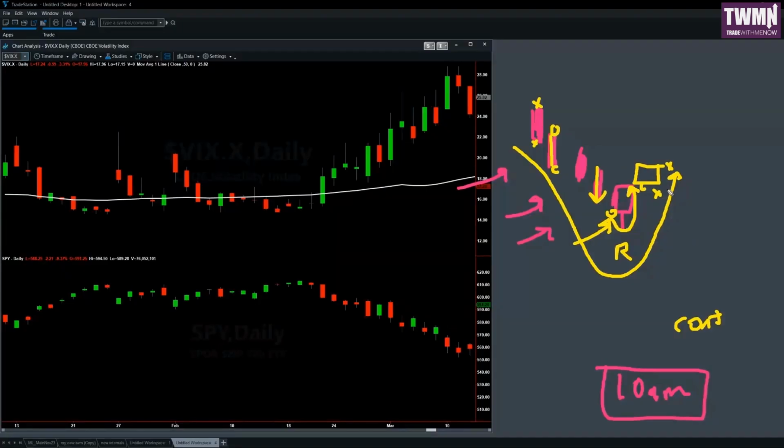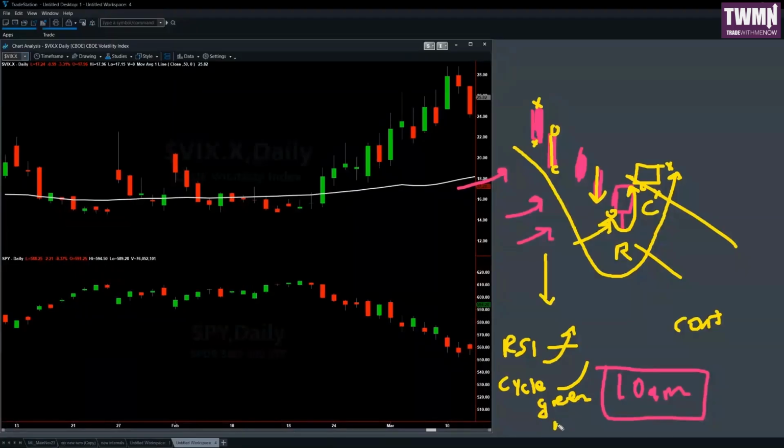And you don't just enter because you get reversal candle confirmation. When you get reversal confirmation, that's when you look down at your RSI to see, are you above the mid? You look at your cycle indicator to see if it turned green and the trajectory is pointing up, and you wait for your shift dots to all turn blue. 1, 2, 3.